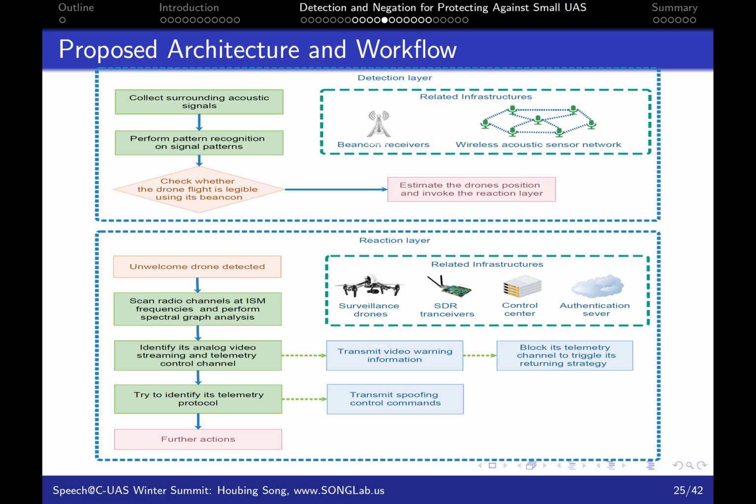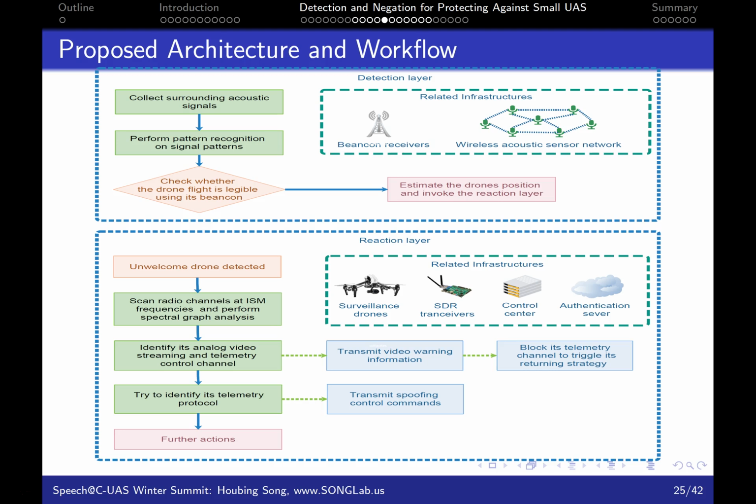For the reaction layer on the bottom, if we detect an unwelcome UAS, we will scan the radio channels and ISM frequency and perform spectrograph analysis. Then we identify its analog video streaming and telemetry control channel. We transmit video warning information.